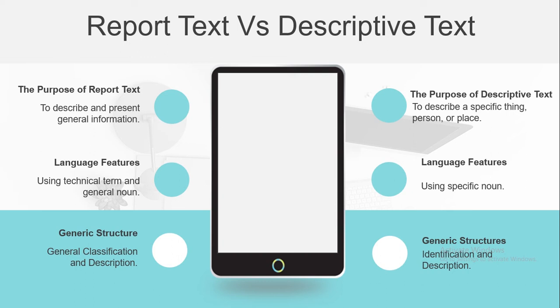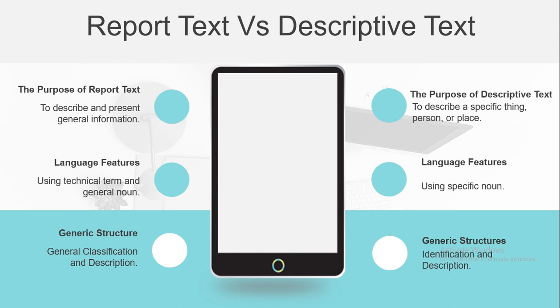Right now we can conclude according to my explanations that report text and descriptive text are quite different in some cases, yeah. We can differentiate by the purpose. We can say that the report is to describe and present general information, while descriptive text is to describe specific things.